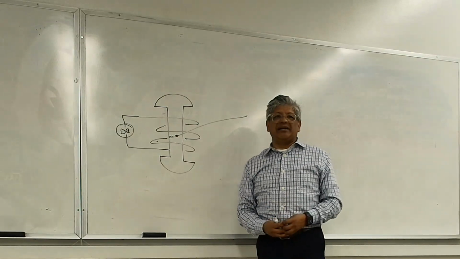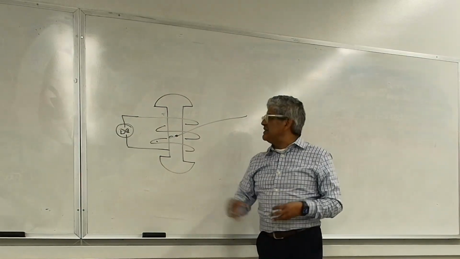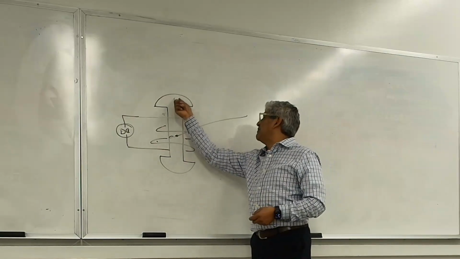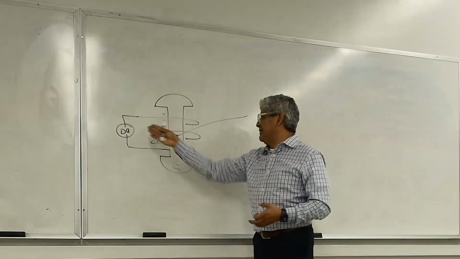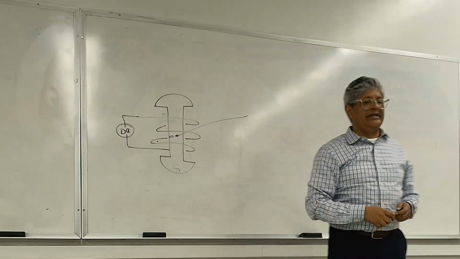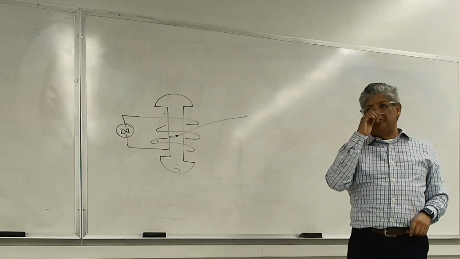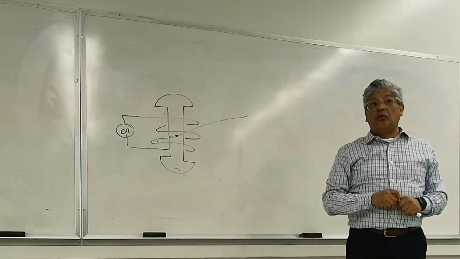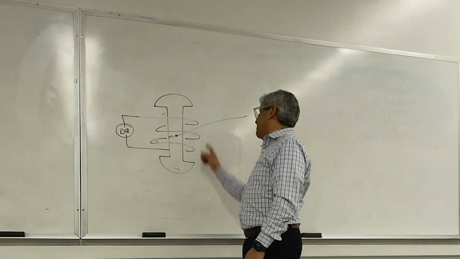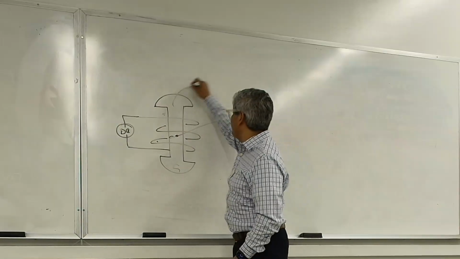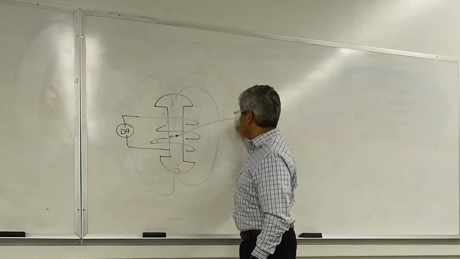It's not a permanent magnet. This rotor becomes a north and south magnet not until you apply a source to it. Okay? So as this is going around, you're developing a magnetic field, just like Earth, right?